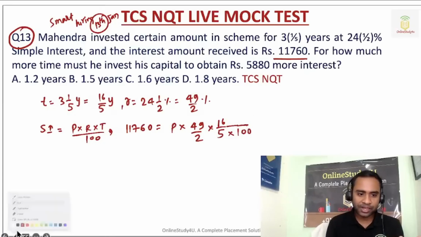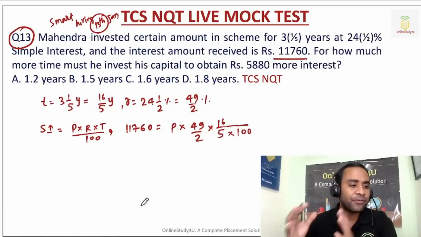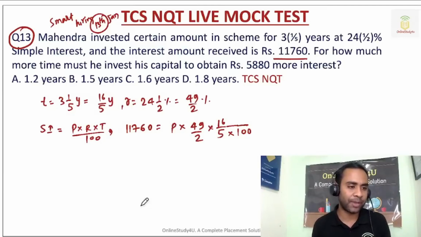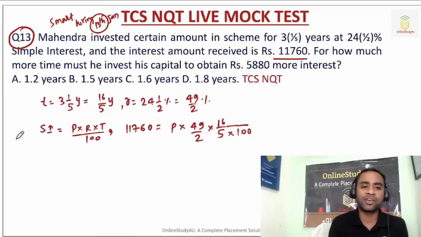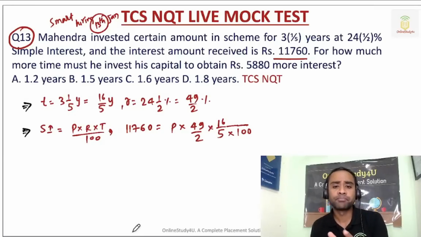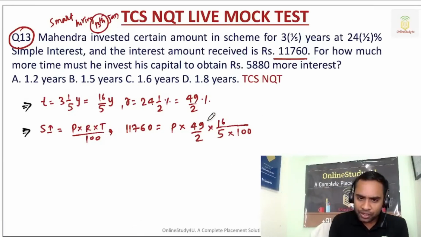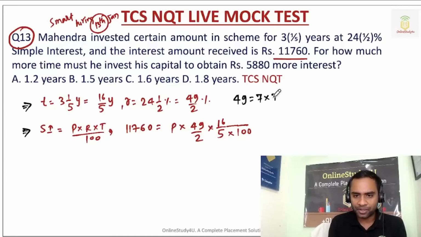Now the calculation will be the main problem in the examination, so let us try focusing here on calculation. Now you have 49. 49 has a prime factor 7 into 7, right?